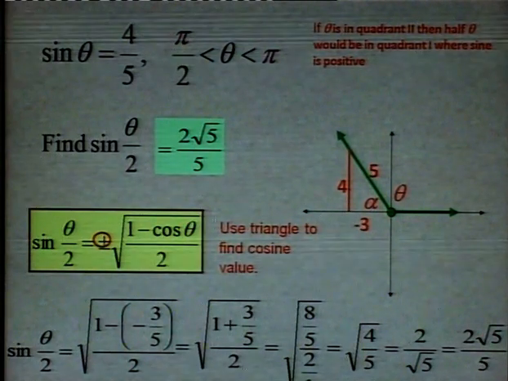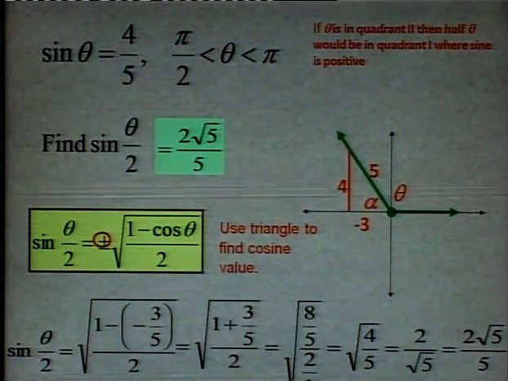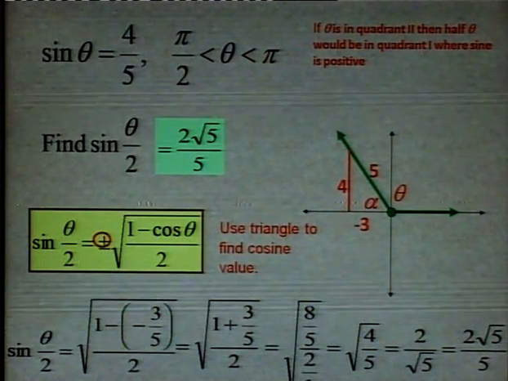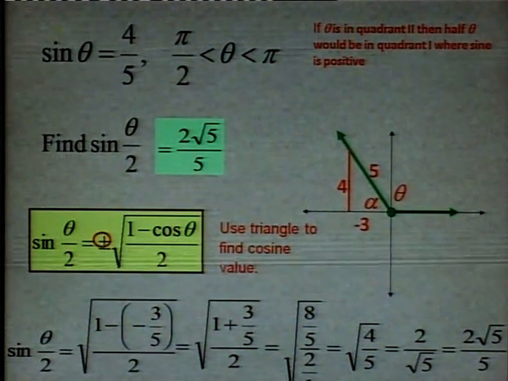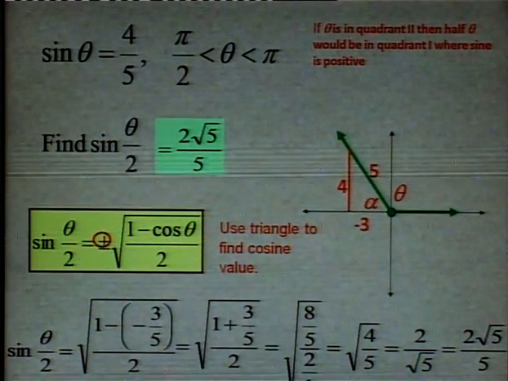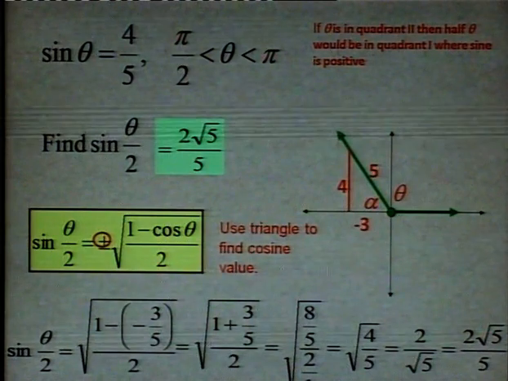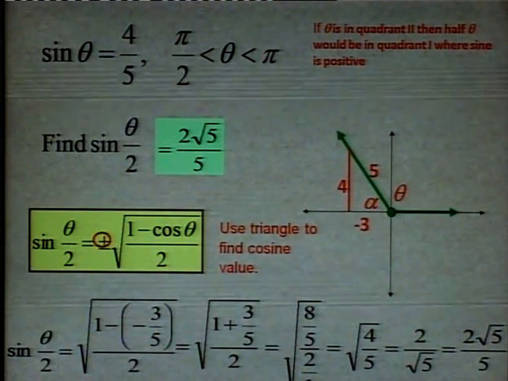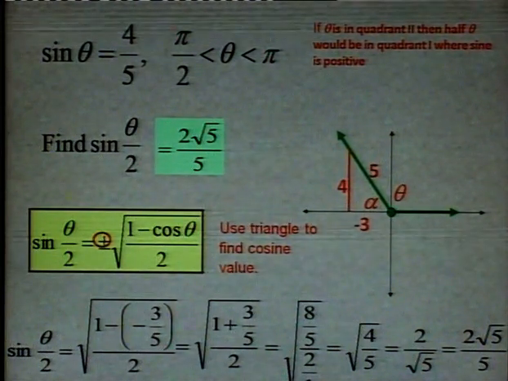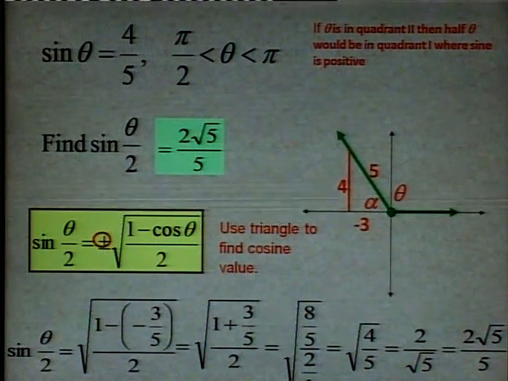Similarly, in the same question, here you have to find out the value of sin theta by 2, and you simply use the expression that sin theta by 2 is the square root of 1 minus cos theta upon 2. Why positive? Positive is to be taken because it is sine and sine is always positive in the second quadrant.